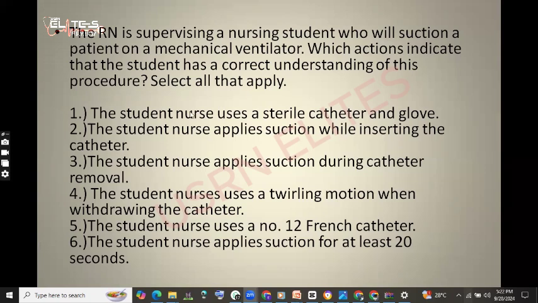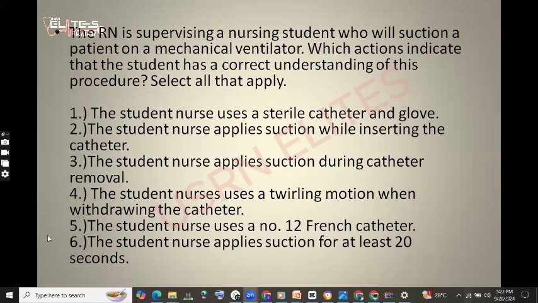The nurse is supervising a nursing student who will suction a patient on a mechanical ventilator. Which actions indicate that the student has a correct understanding of this procedure? Select all that apply. Who understands the question before we even look at the options?